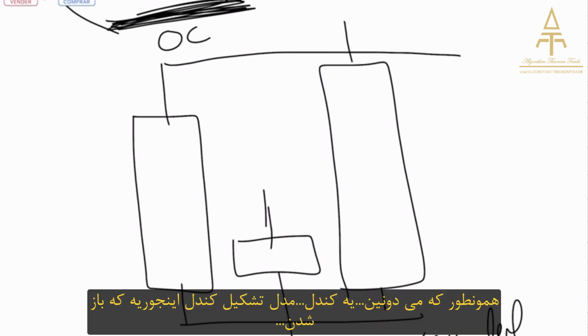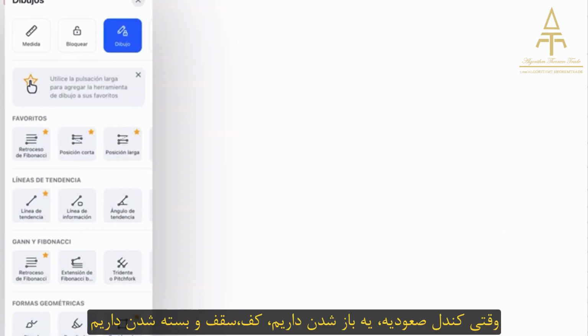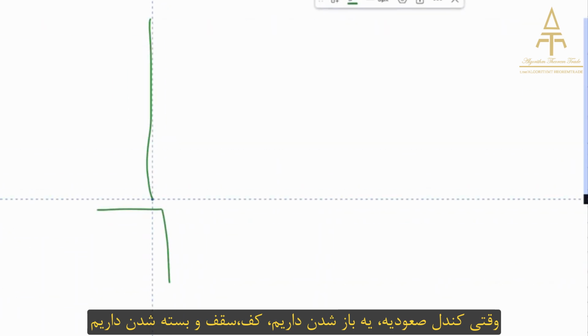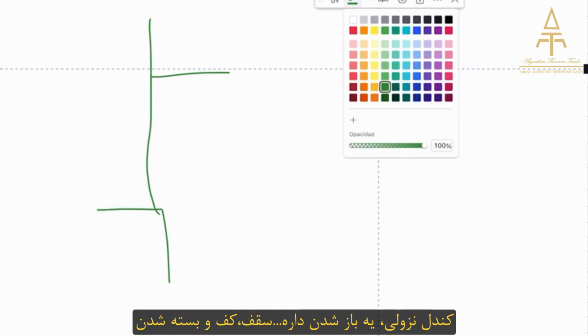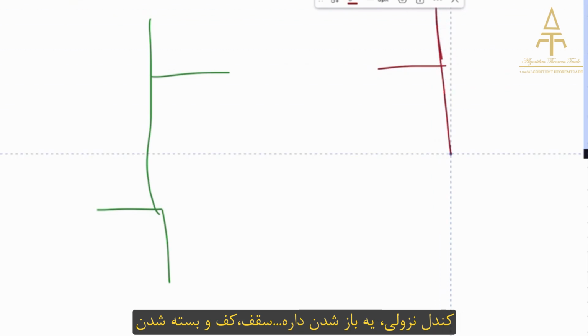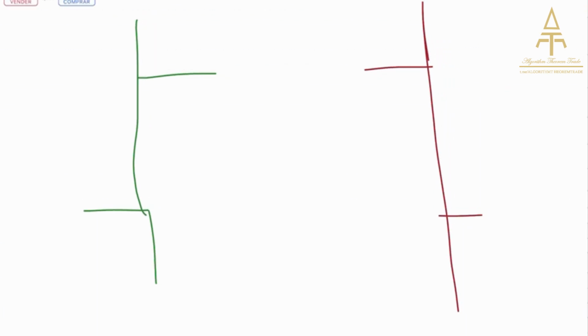right? As you know, the candle is formed by the open. A bullish candle has the open, low, high, and close. The bearish candle has the open, high, low, and close, right?